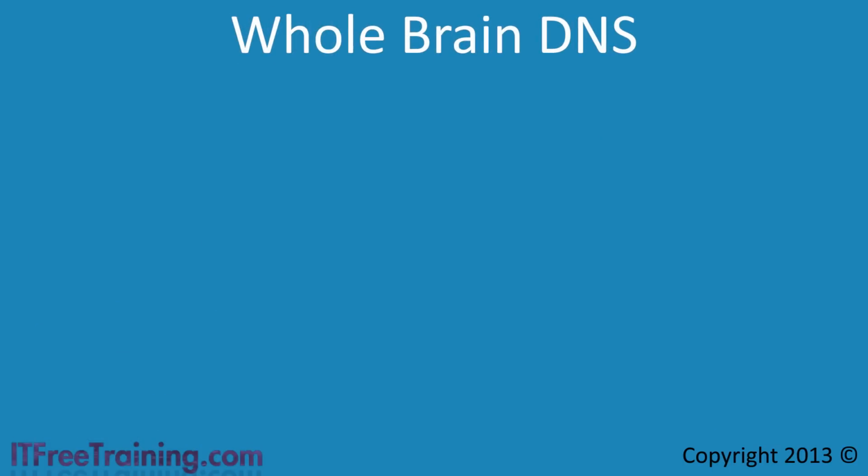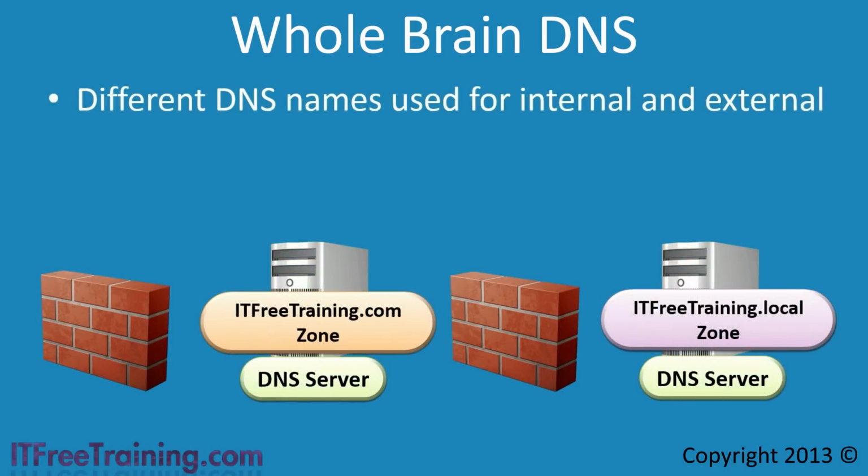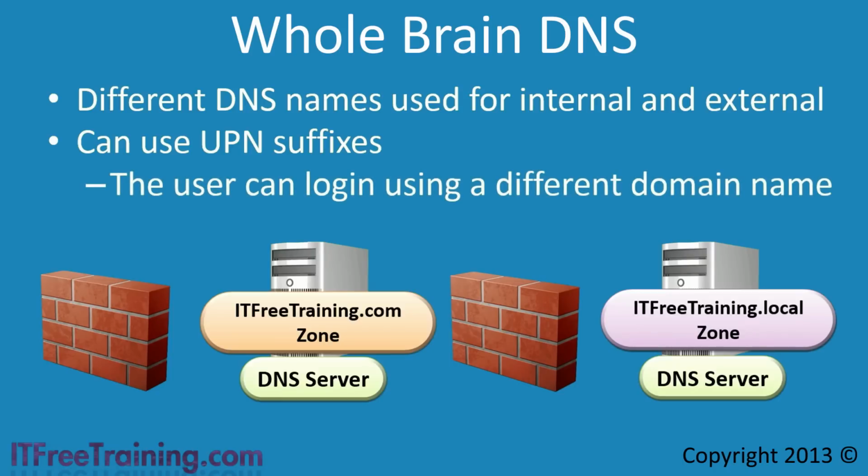Before I look at how Split Brain works, I will first look at the whole brain approach. The whole brain approach is when you use different DNS names for the internal and external networks. The reason I look at this method first is that it is easier to set up and has less problems than Split Brain.